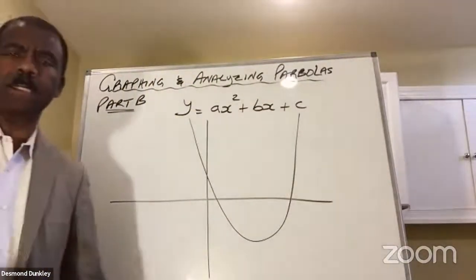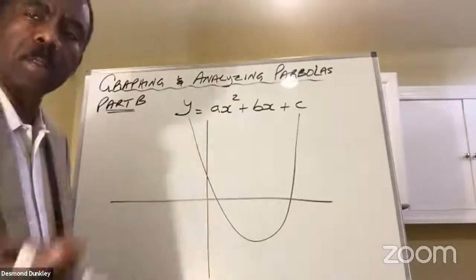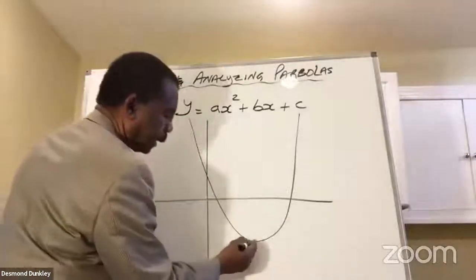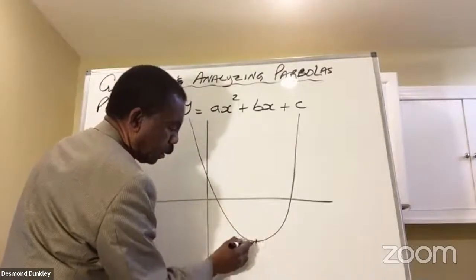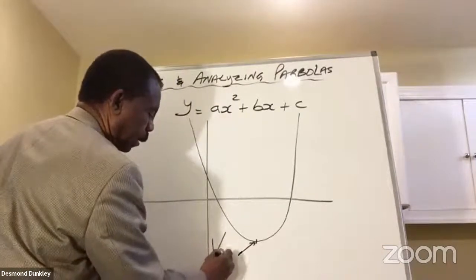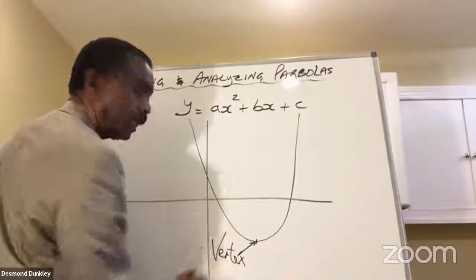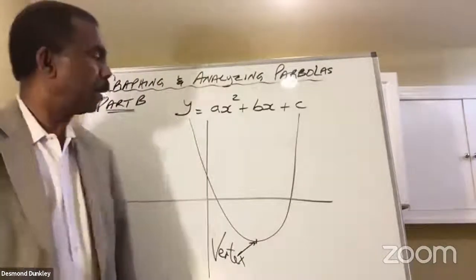Let's imagine if your parabola was like that. There is what is known as the turning point. It's called the vertex. V-E-R-T-E-X. That's the vertex of your parabola.